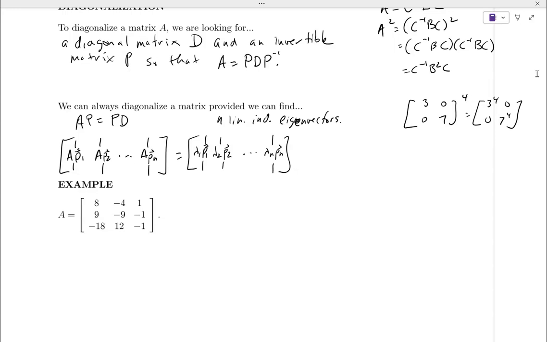So I've got 8, -4, 1, 9, -9, -1, -18, 12, -1. If I could type, that would be helpful. Yeah, I know, I didn't hit the 1. There we go. All right, looks like I've got things entered in there correctly.